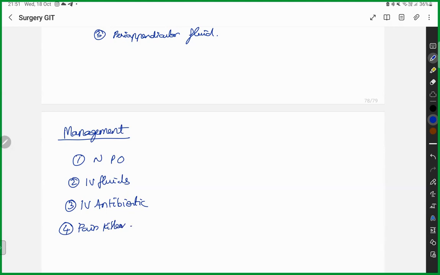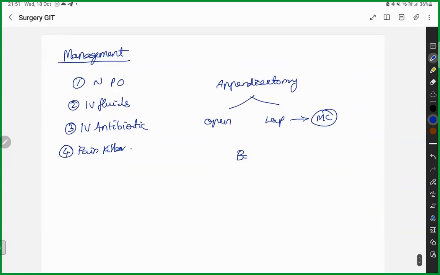Appendicectomy is currently done laparoscopically. This can be performed either open or lap, but nowadays lap is most commonly preferred. If the base is inflamed, it should not be crushed; bury it with a purse string suture.